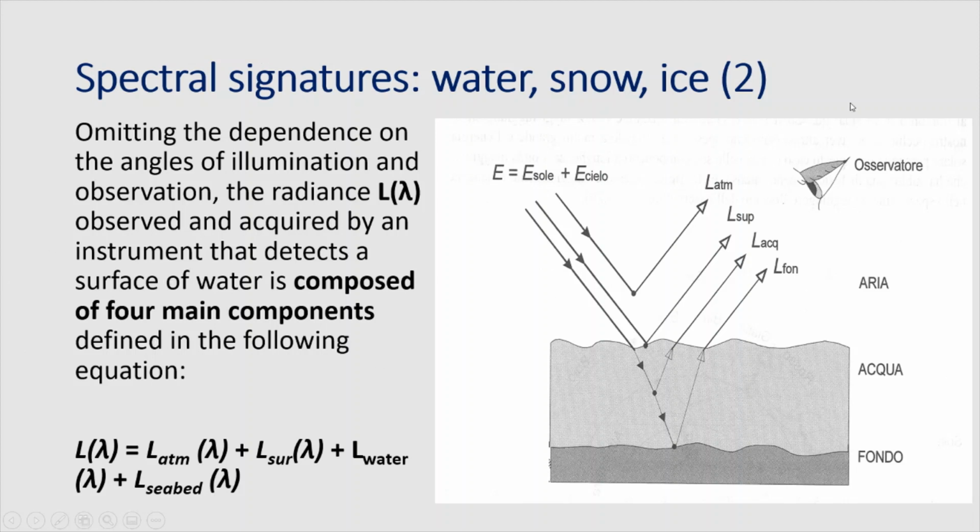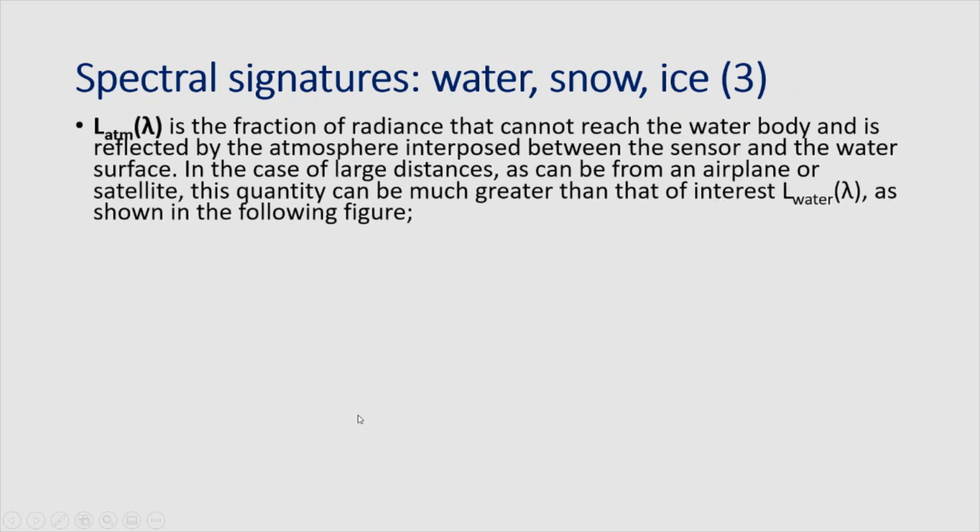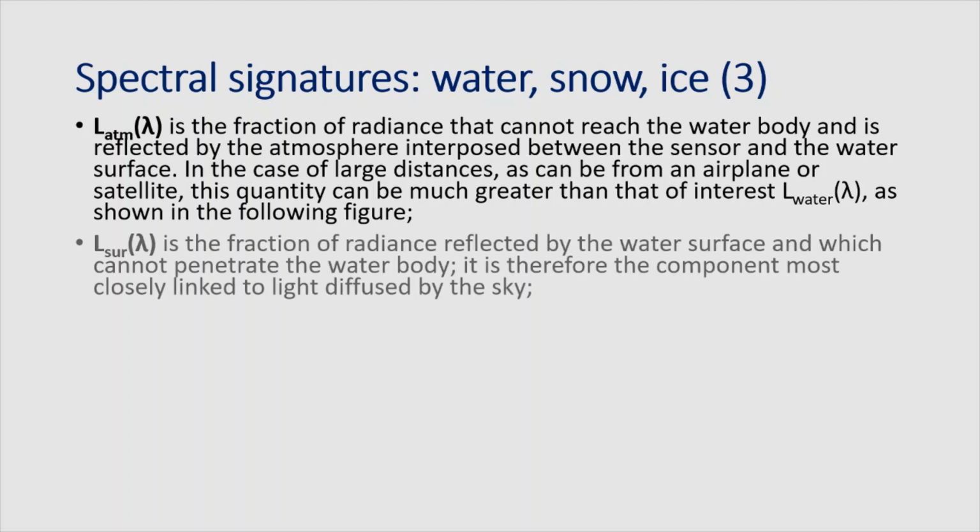Anyway, at the observer, what is coming in general terms from the water is the sum of these four different components. So the atmosphere, as I described, comes from the Rayleigh scattering, or if we have a cloudy day, from non-selective scattering, this sort of grayish tone.